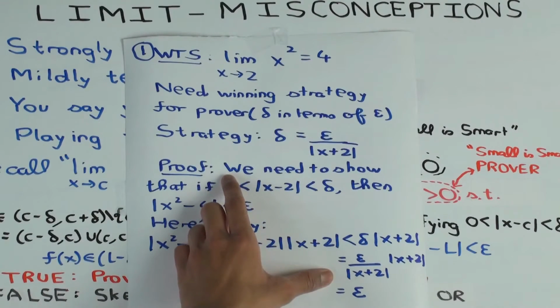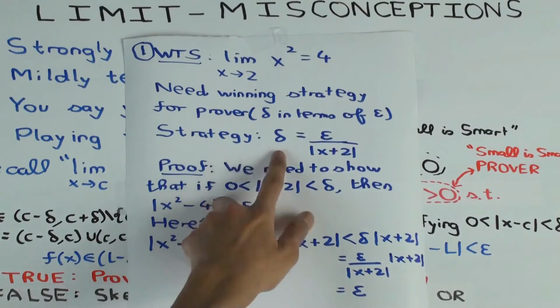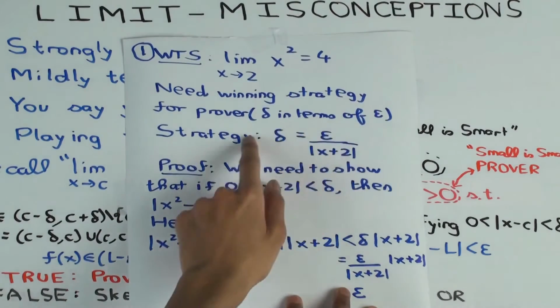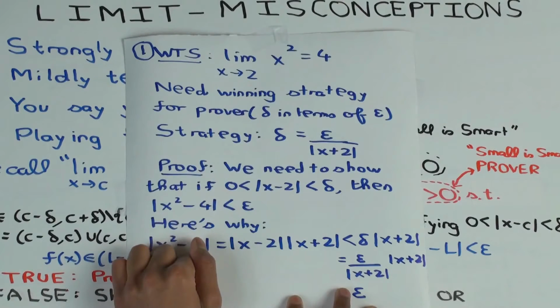What do you think was wrong in the strategy choice step? Well, in what order do they play their moves? The skeptic chooses epsilon, then the prover chooses delta, then the skeptic has to choose the x value.